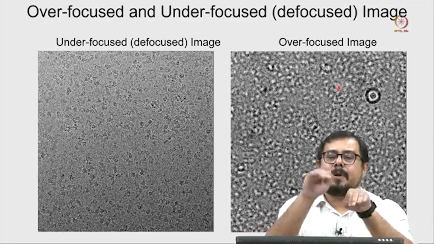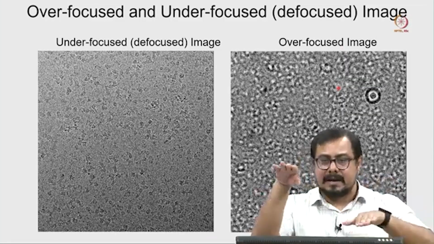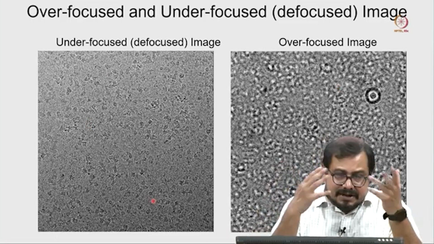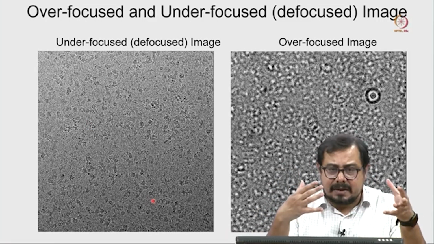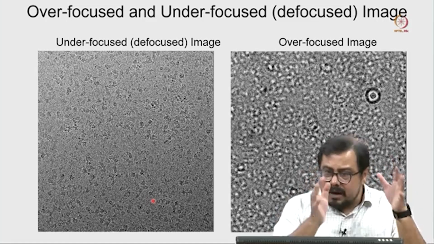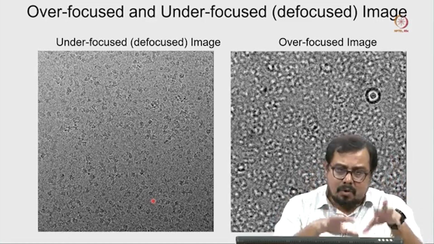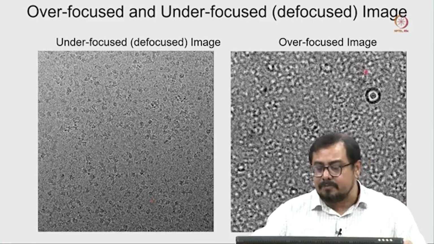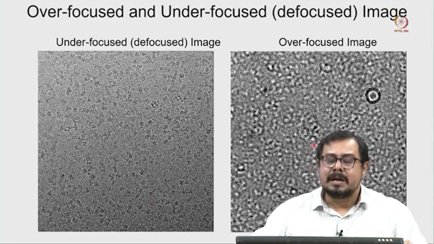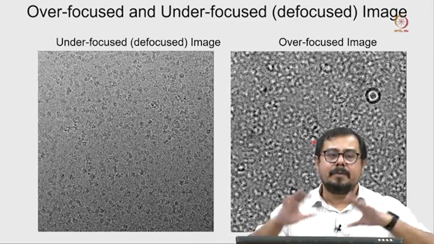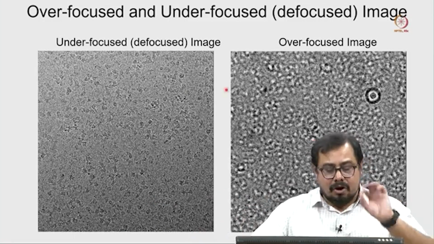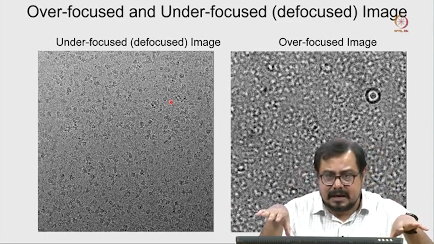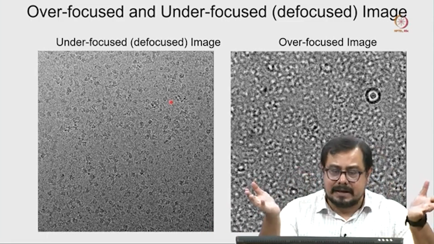So that is the problem with over focused and under focused images, and for the cryo-electron microscope we are interested in 3D structure determination, right? So that is one of the major reasons we have to be consistent. We cannot mix and match over focused and under focused images. It will be really problematic when you do the data processing. Not only the inverted contrast, it is going to affect the signal as well, which we will come back to later.